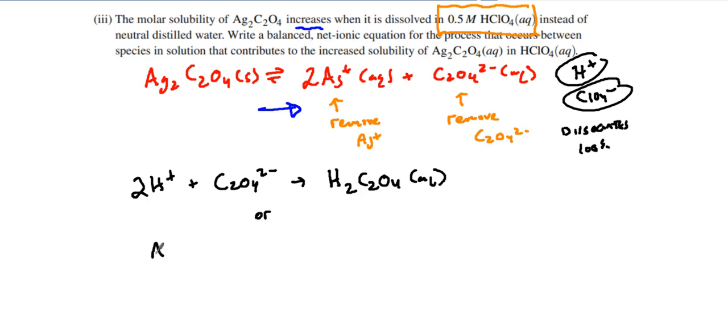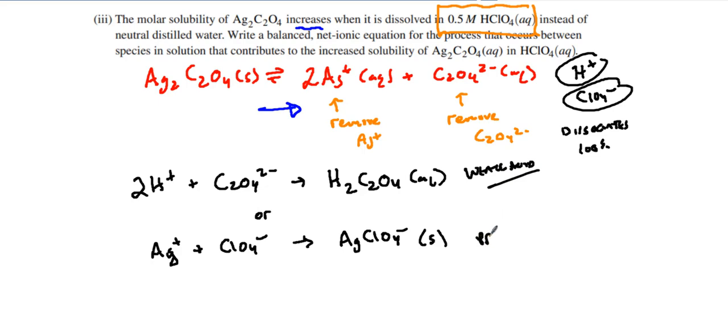Or that Ag plus ion would end up reacting with the ClO4 minus ion to make AgClO4 solid. Okay, sorry, that's not a minus there. That is just a 0 charge, and that's a solid. So we could make a weak acid in one net ionic reaction, or we could make a precipitate in the other reaction.